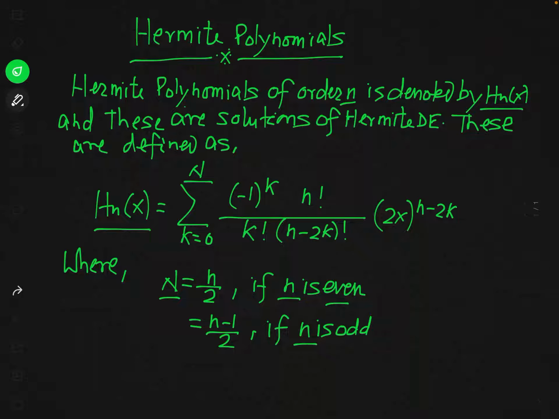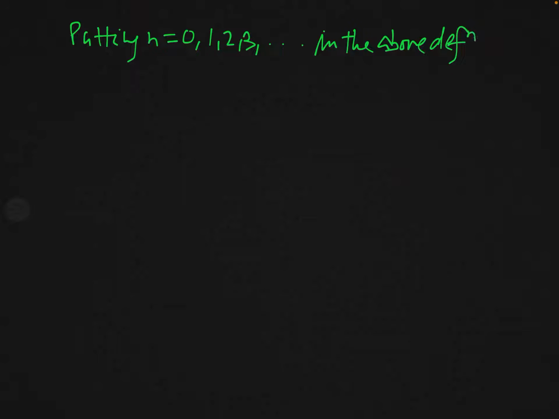You can find the Hermite polynomials of different orders simply by substituting different values of n, putting n equal to 0, 1, 2, 3 and so on in the above definition of Hn of x.